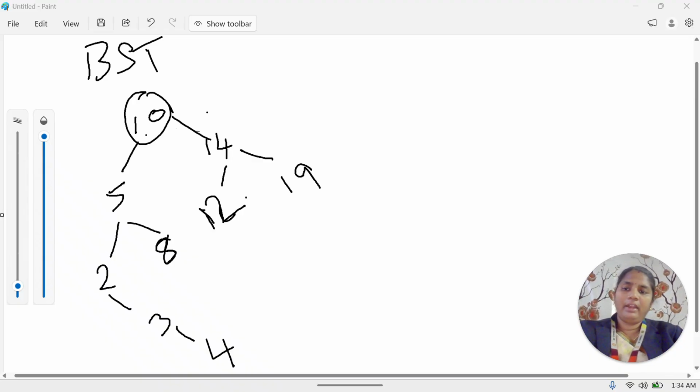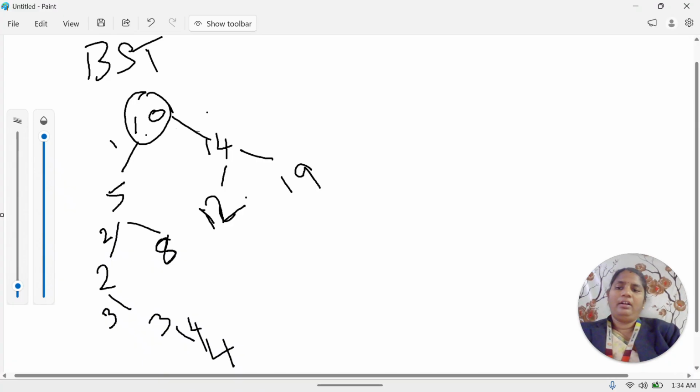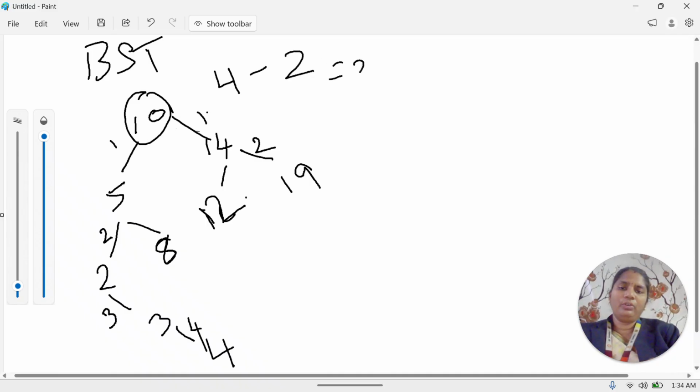Therefore for 10, the greatest height is through the left subtree. The height of the left subtree is 4 and the height of the right subtree is 2. So 4 minus 2 is equal to 2.